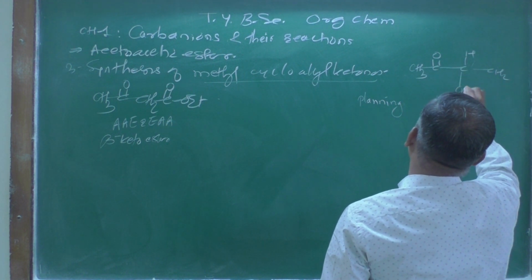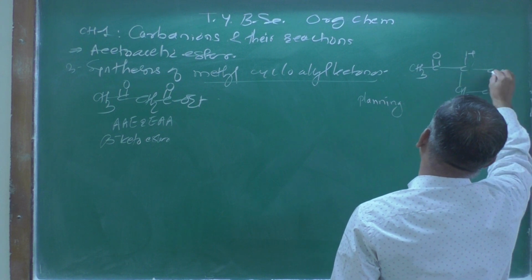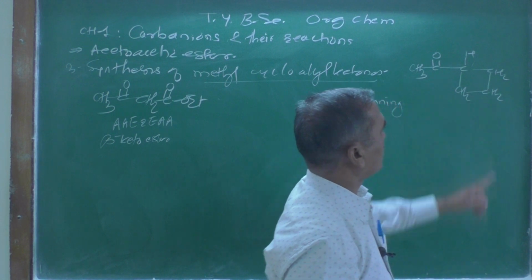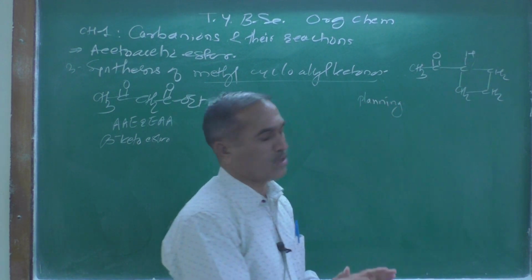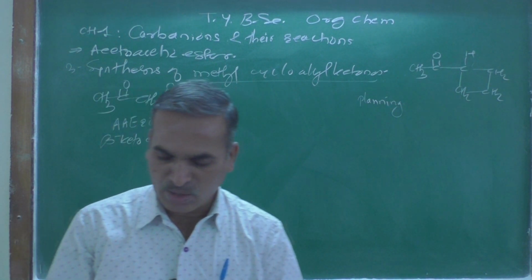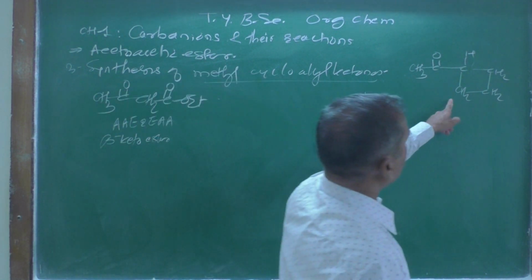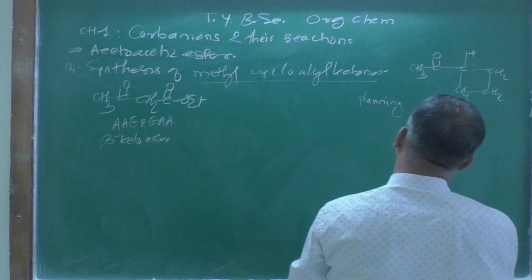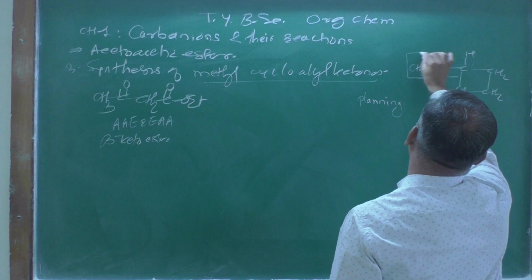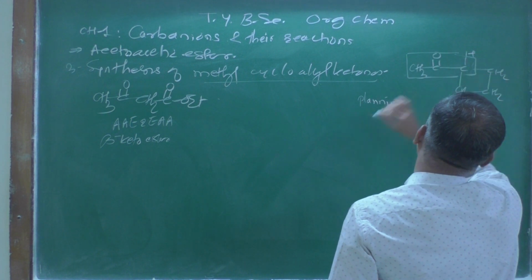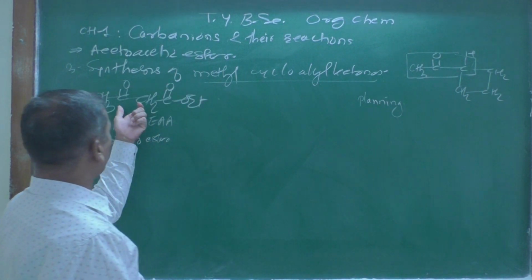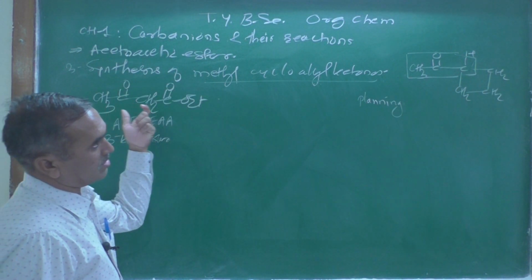This is a cyclobutane, with four carbon atoms in the ring, and that is why it is called cyclobutane. Now, if you observe this structure carefully, what do you see? This part is coming from the starting material, acetoacetic ester.